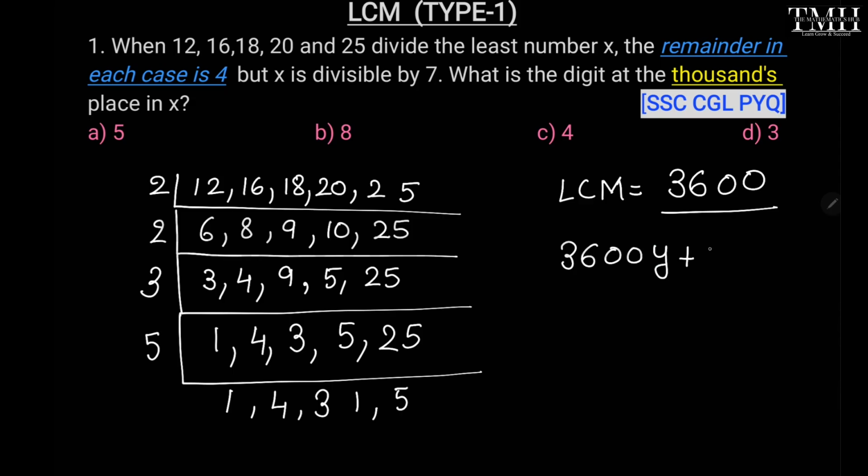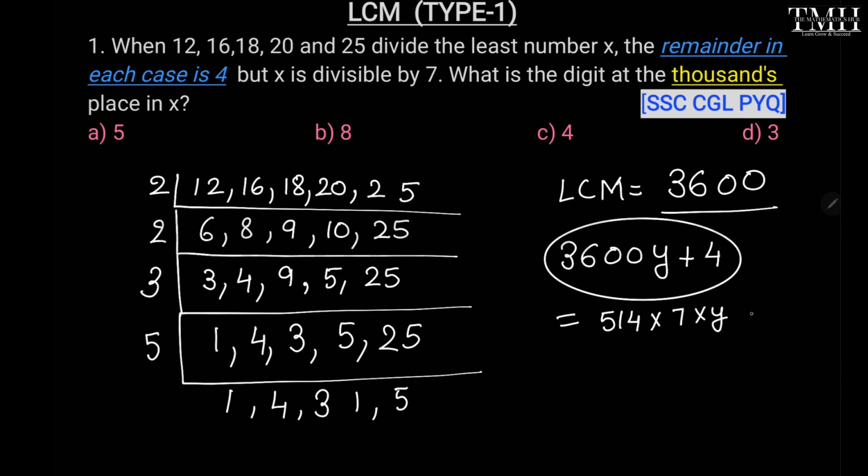3600y plus 4, which is divisible by 7 also. Now 3600y is equal to 514 multiplied by 7 multiplied by y, we will write, plus 2y plus 4.